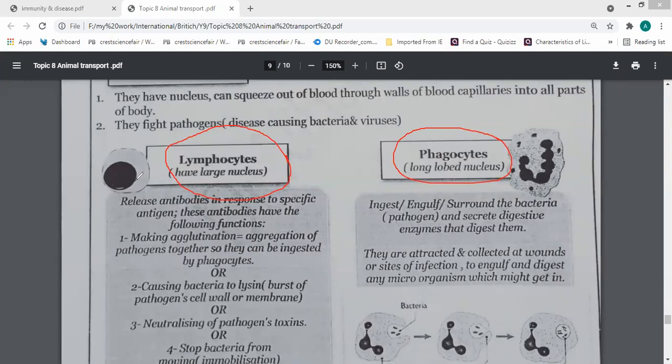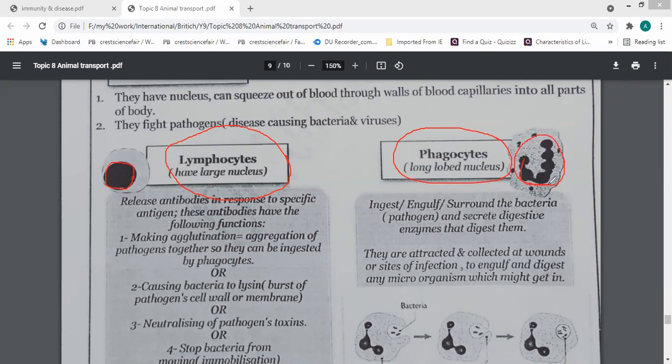If the nucleus is large, this type of white blood cell will be a lymphocyte. In case of a large lobed nucleus, it will be a phagocyte.